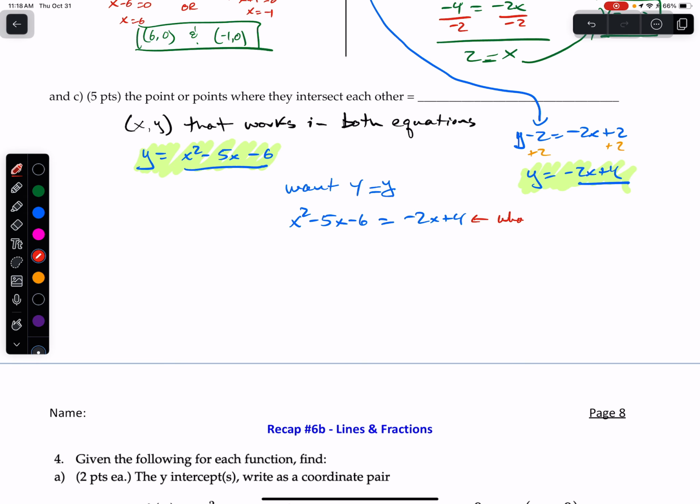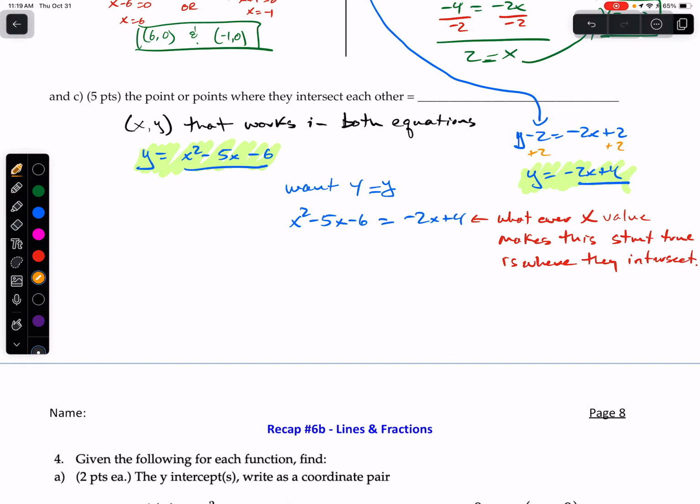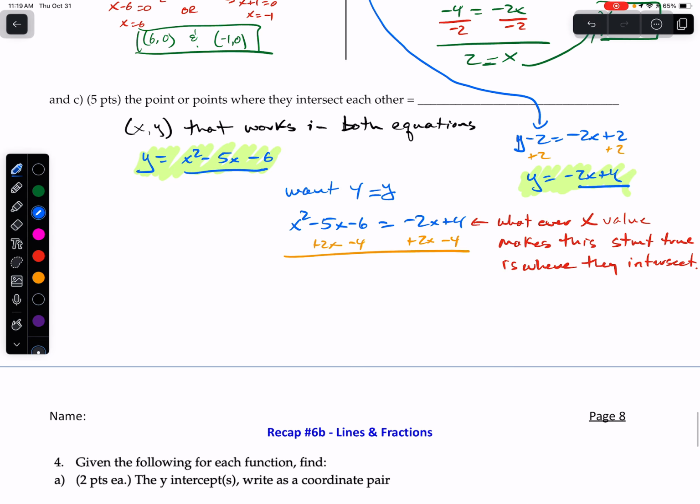So whatever x value makes this statement true is where they intersect. So let's solve this. So plus 2x and minus 4, and we get x squared minus 3x minus 10 equals 0.